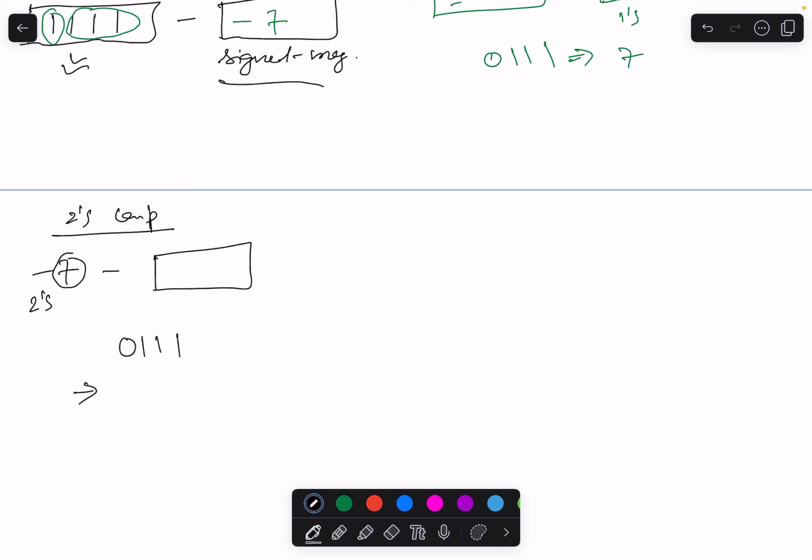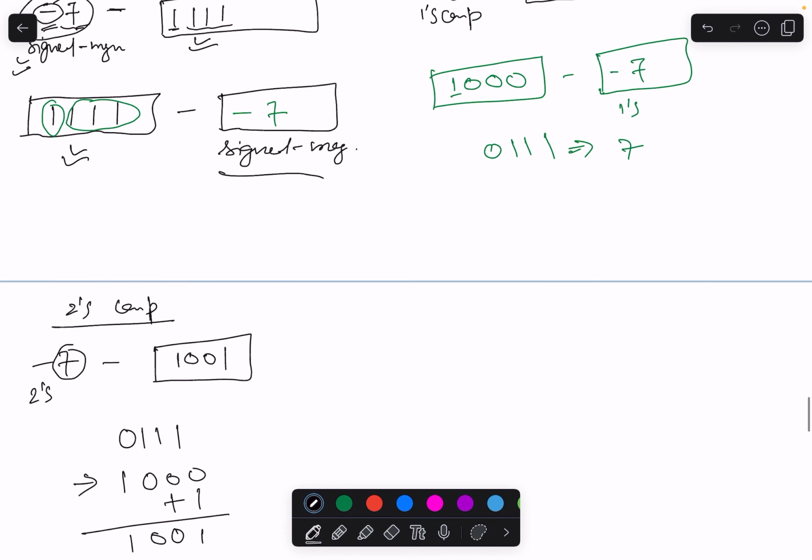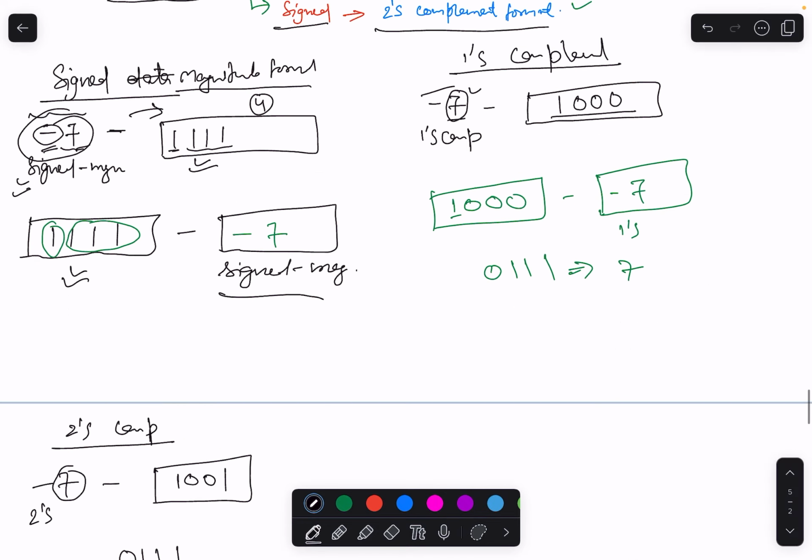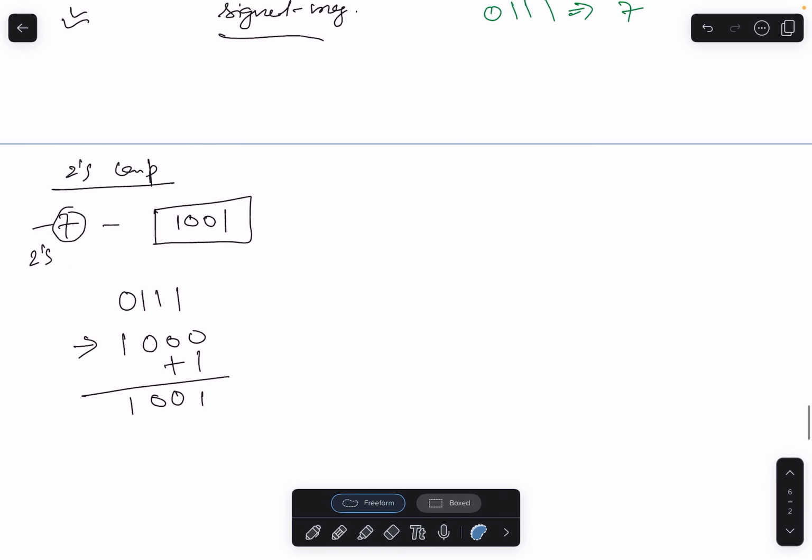So inverting the bits gives 1 0 0 0, and we add 1 here, so it would be 1 0 0 1. So for minus 7 we have 1 0 0 1.